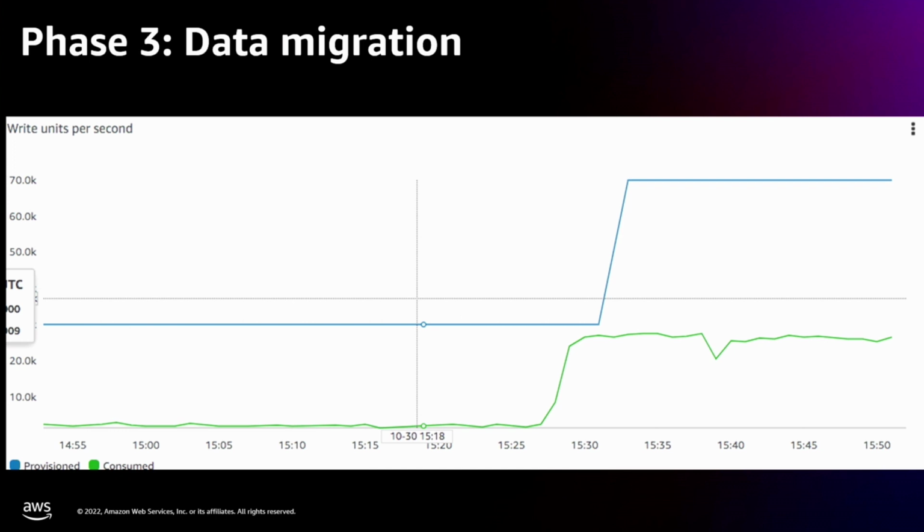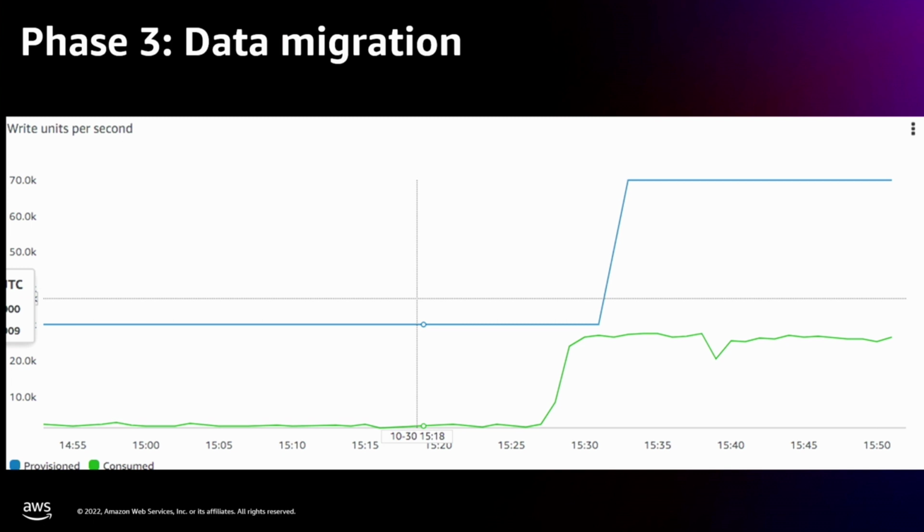So this is a quick glimpse of how auto-scaling works in Keyspaces. The blue line indicates the provisioned capacity, and the green line shows the consumed capacity.